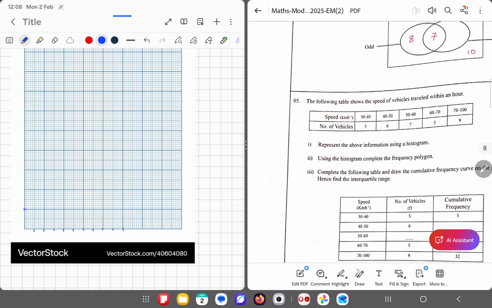So 1, 2, 3, 4, 5, 6, 7, 8, 9. Right, first one 30 to 40, 5. One, two, three, four, 5.